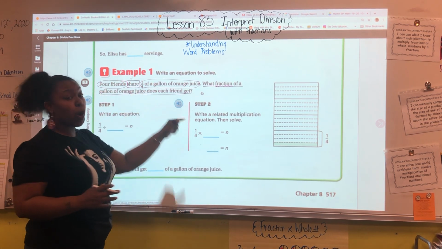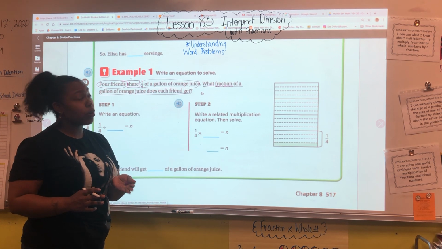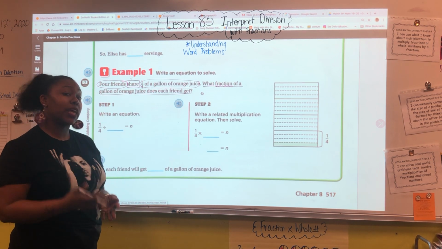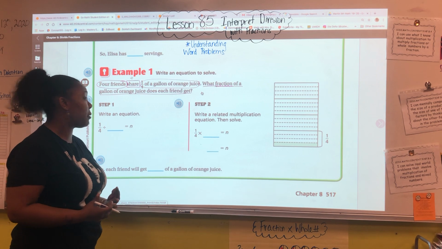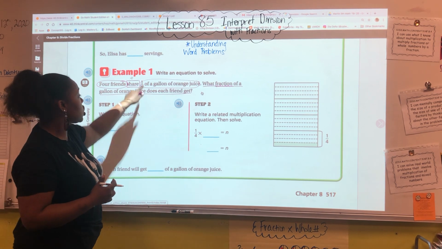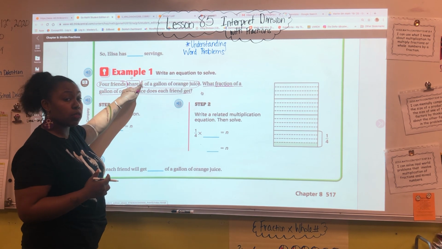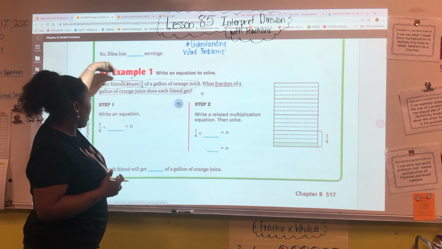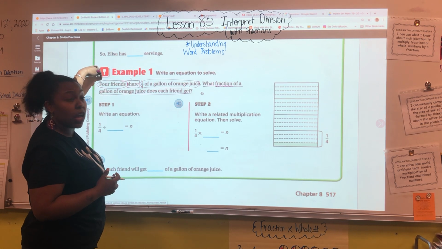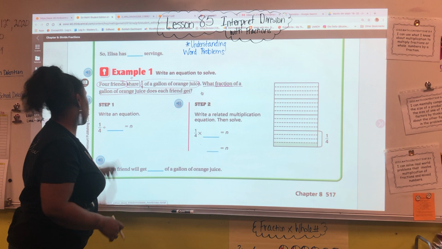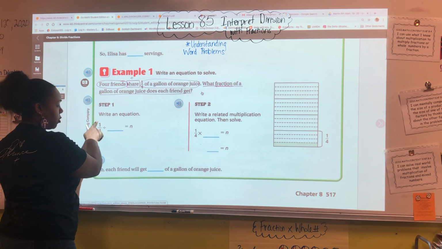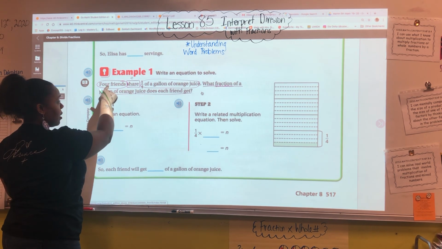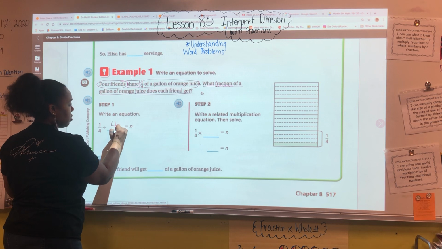So the way that they wrote it, it sounds a little bit tricky, but we have to think about what's actually happening. And when you think about what's actually happening, we know that our equation should start with 1/4, and we should divide it by 4 friends. We're going to cut that 1/4 into 4 different pieces. So they started with 1/4, divided by 4 friends. Okay?